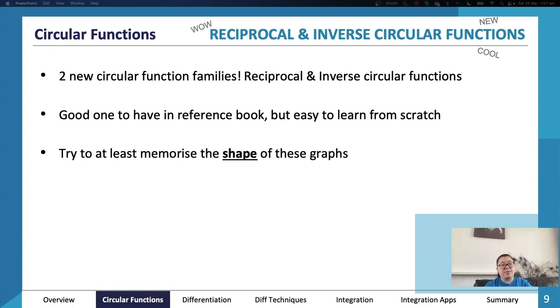If you really can't memorize it, you can always build it up from first principles, applying reciprocal function things to circular functions, and inverse function things to the inverse circular functions.